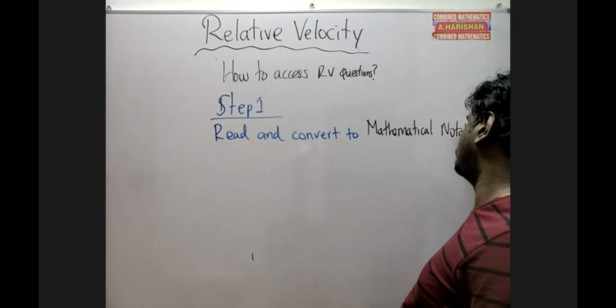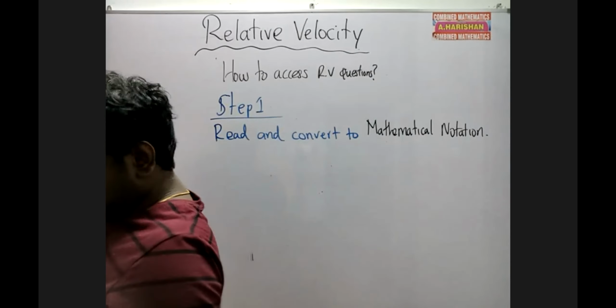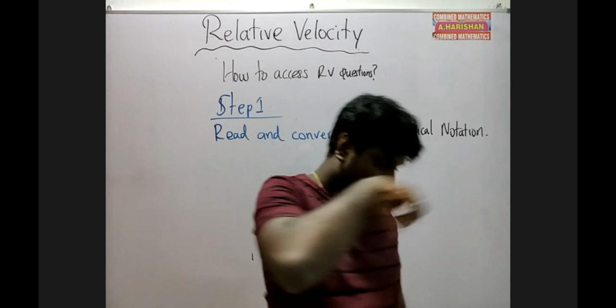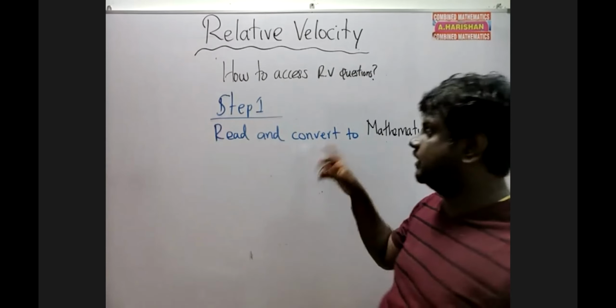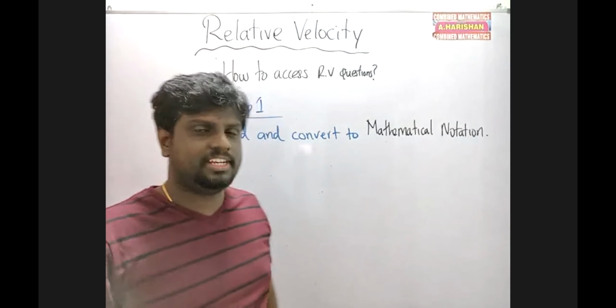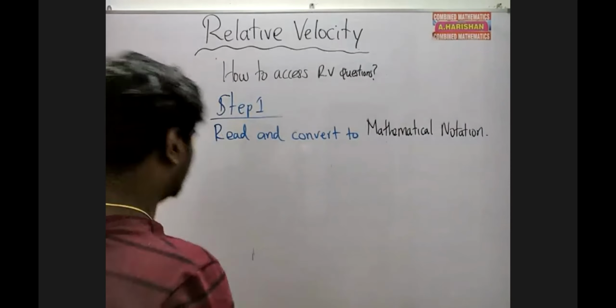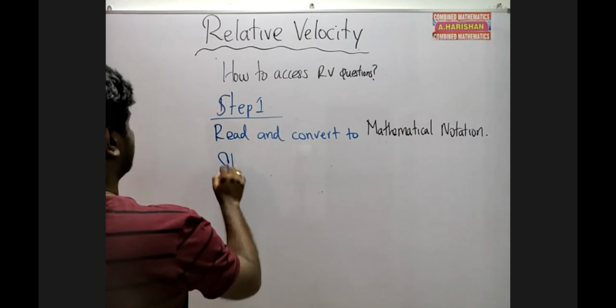That is very important. You have to read and convert this to mathematical notation. How to read and how to convert, I will tell you. It is a process. First, we will learn what we have to do. Then go for step 2.